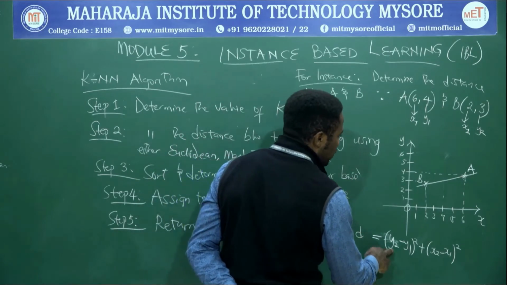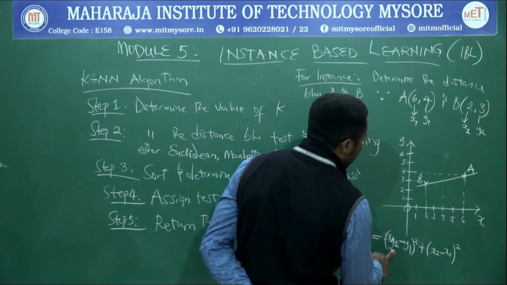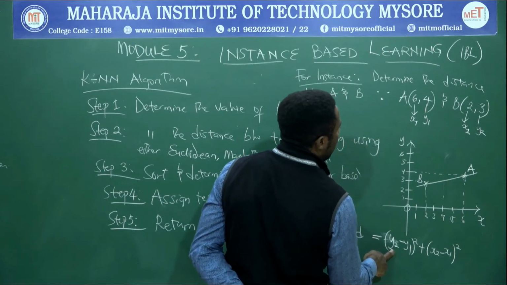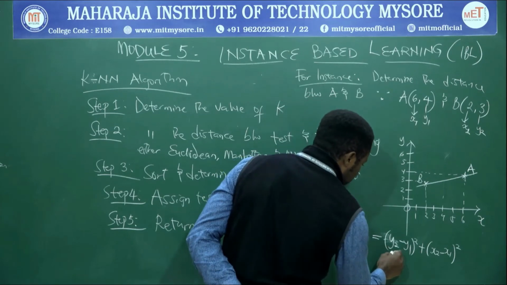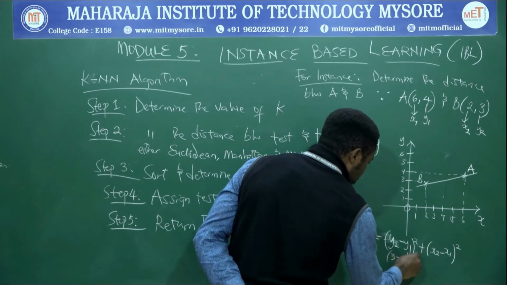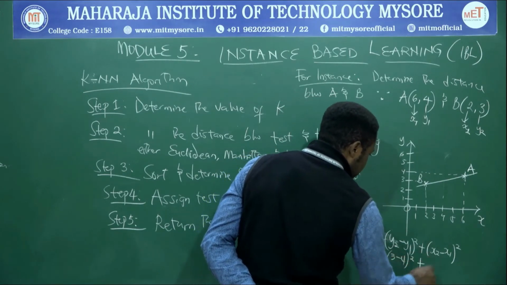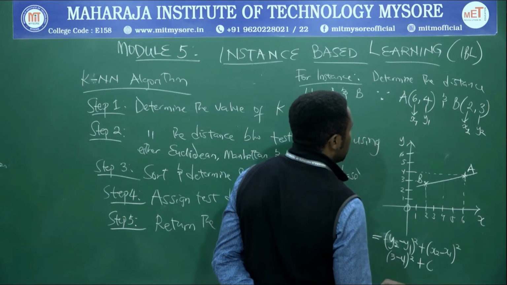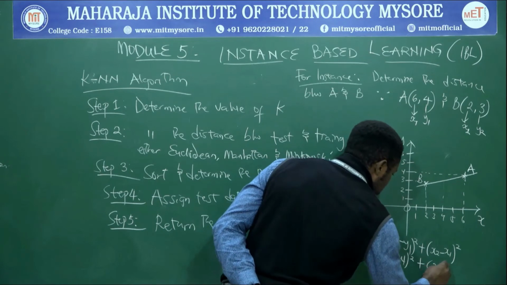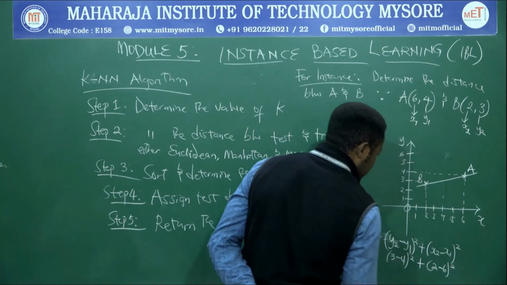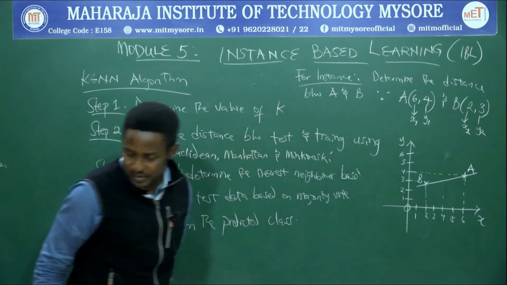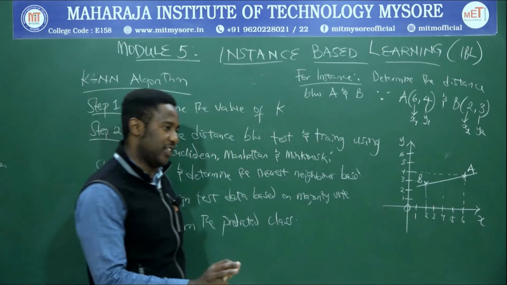So y2 is what? 3 minus 4. So you can do that. 3 minus 4 whole squared plus, now x2, 2 minus 6 whole squared. Now, before this, simple distance measure says take the difference, right?